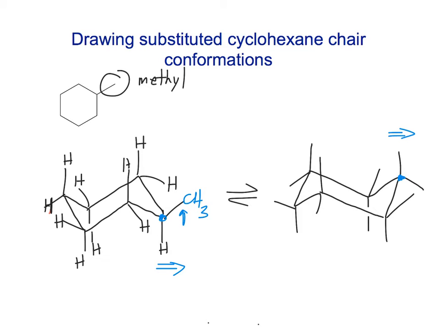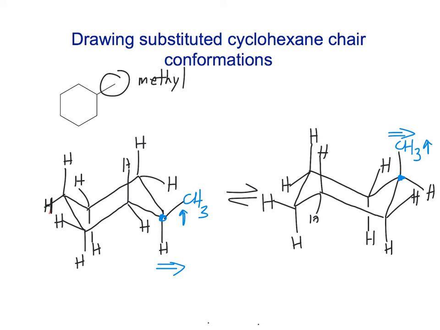So it was in an equatorial bond on the right. It's going to be on an axial bond on the left. So remember, like we saw before, every bond that's equatorial in one structure becomes axial in the other structure, and vice versa. Fill in the hydrogens, and we'll be done drawing our structure.